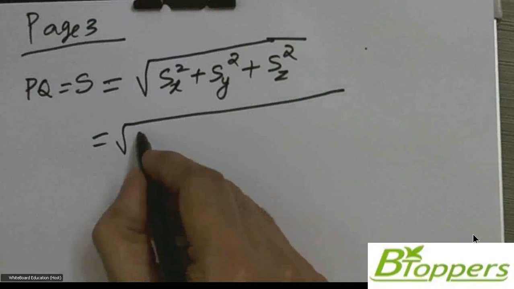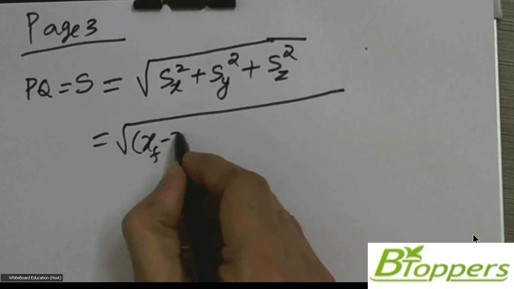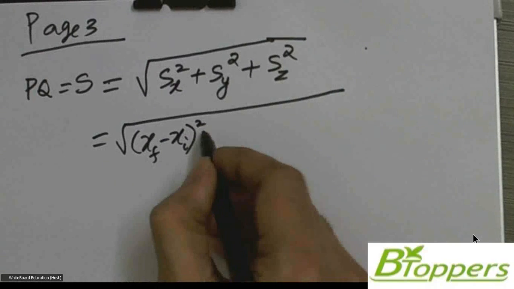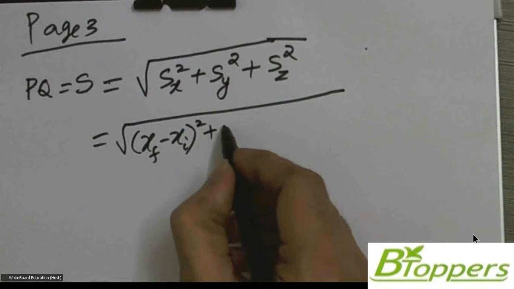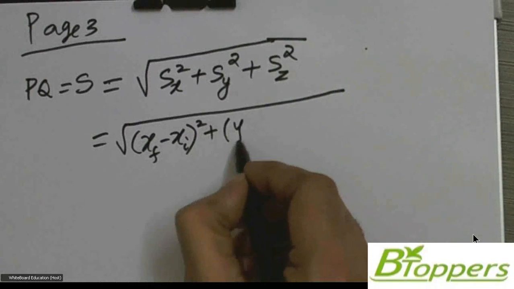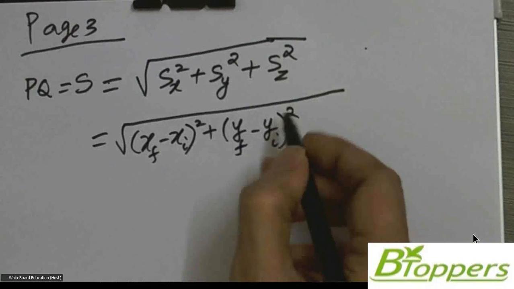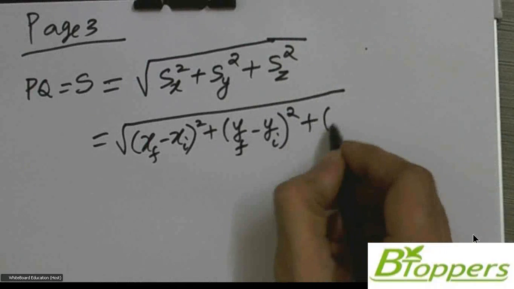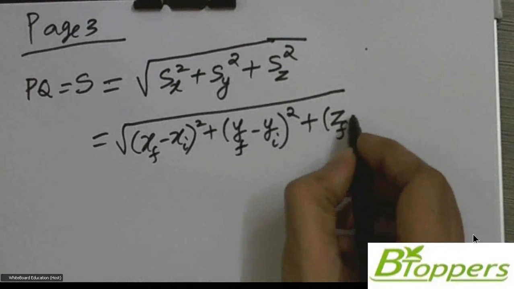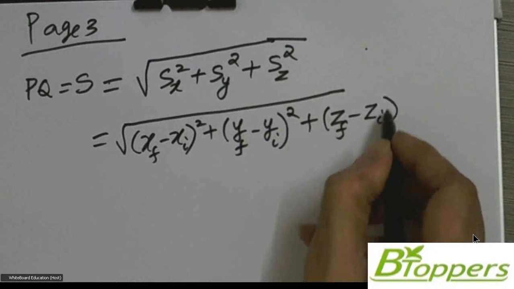Sx equal to xf minus xi, Sy equal to yf minus yi, Sz equal to zf minus zi.